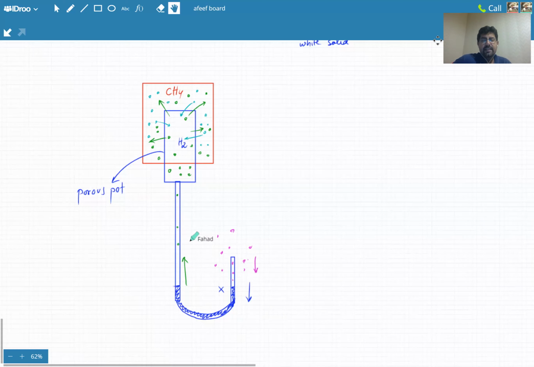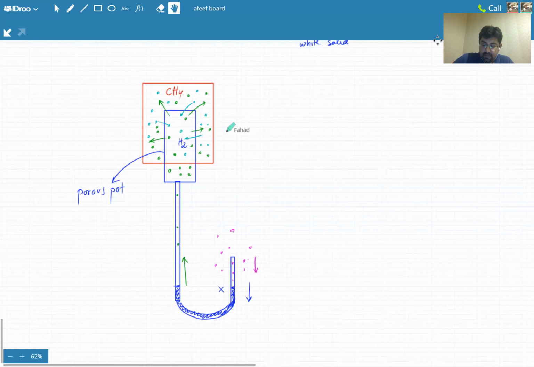Now the other thing, would it remain like this? This just happened at the start. Would it remain like this, or would there be any difference after some time? After some time it would go back to before, because the CH4 would go into the tube as well, partly, and it would equal out afterwards. Slowly, but eventually, these CH4 particles are going to diffuse in.